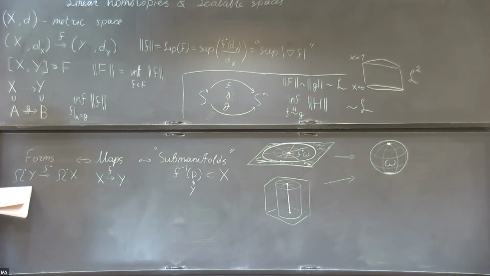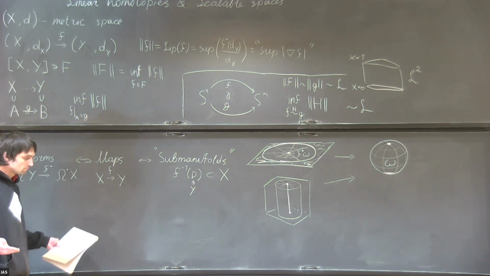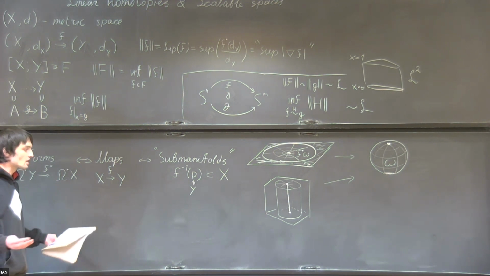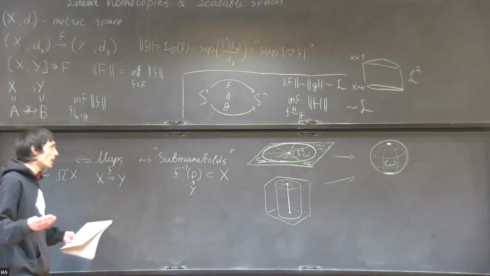How does it act on differential forms? And in particular, it will be useful to pick some specific differential forms on Y that represent some homological or homotopical obstacles that we would need to overcome.